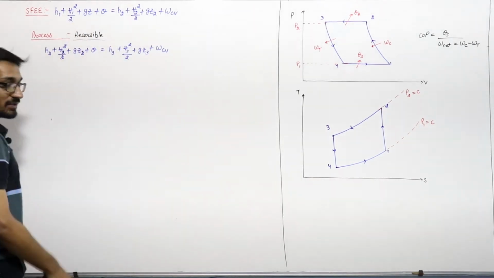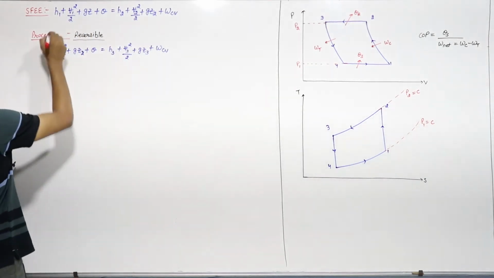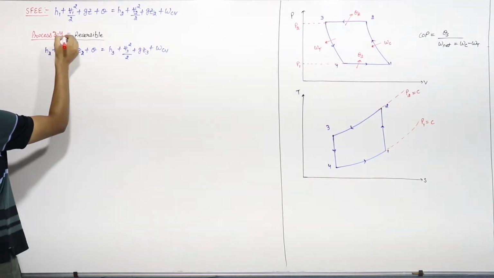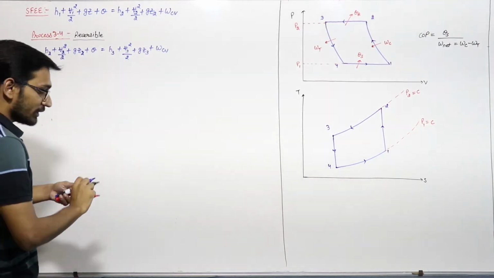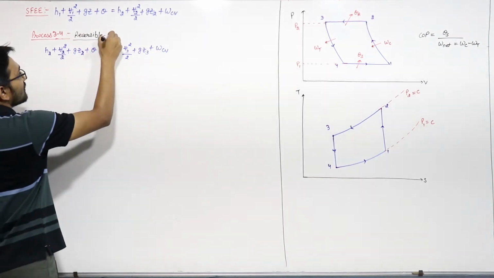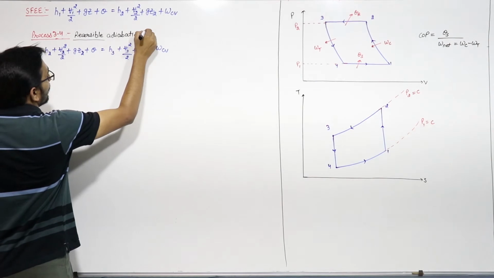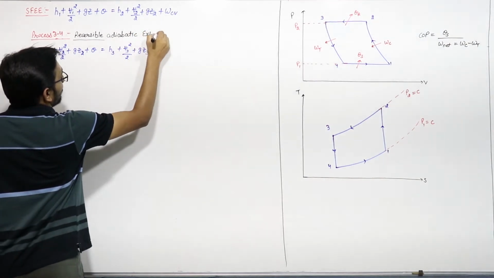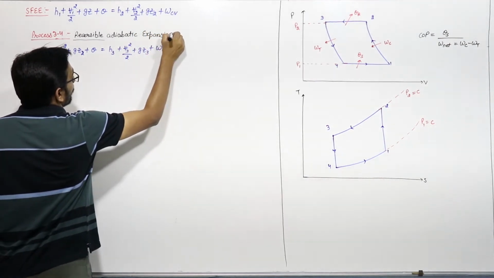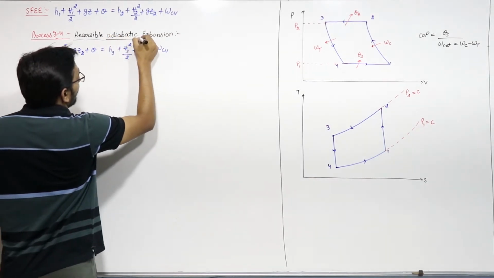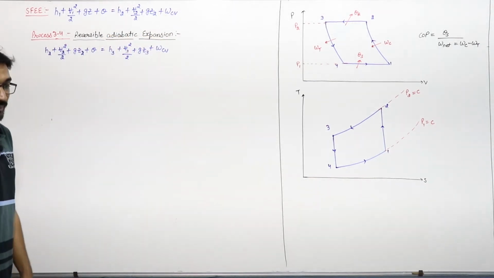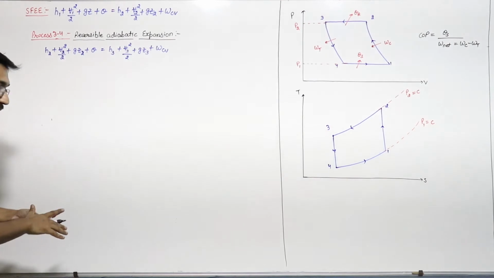Next process is process 3 to 4. Process 3 to 4 is reversible adiabatic expansion.